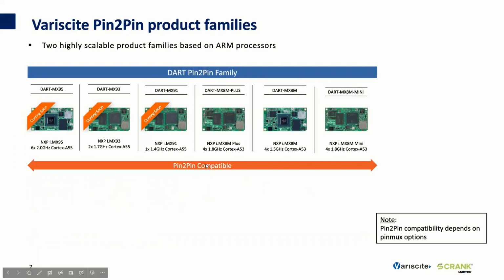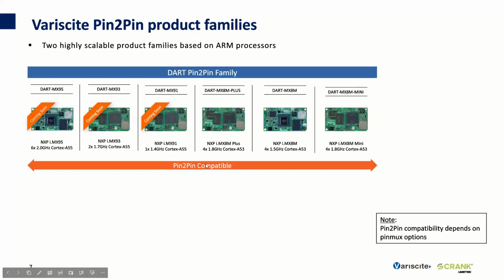Something similar happens for the Dart family. The Dart family shares the same form factor and connector. They have on the back 3 high-density connectors, so they expose some more pins compared with the Variscite family. The reference board is the DT8M custom board because it was originally designed for the Dart MX8M.